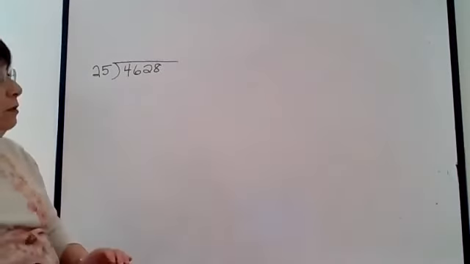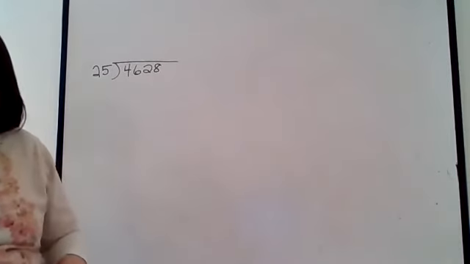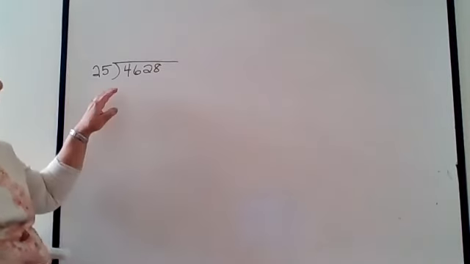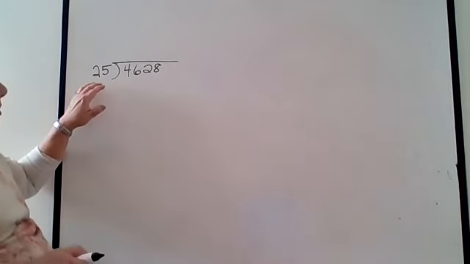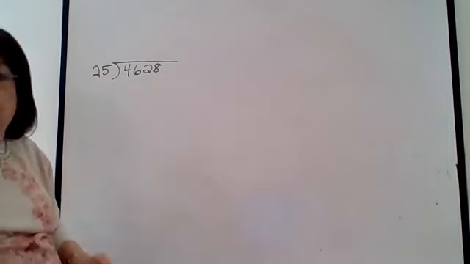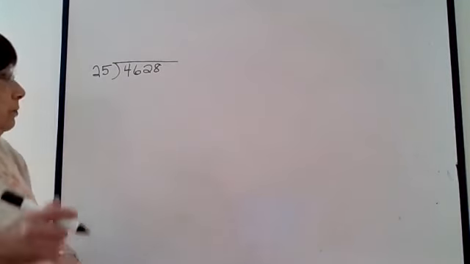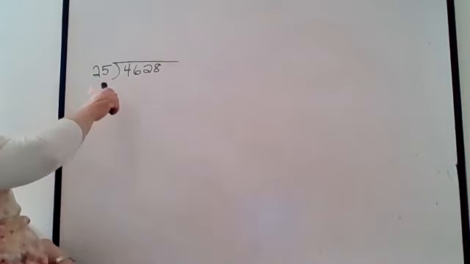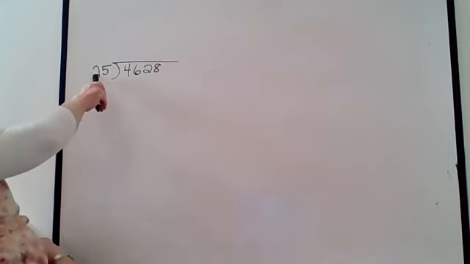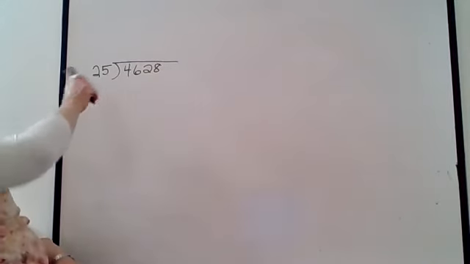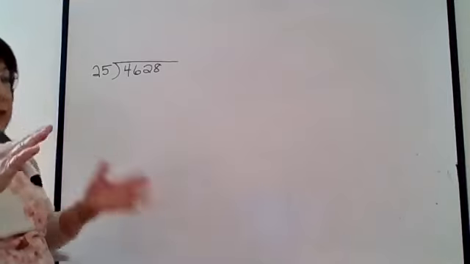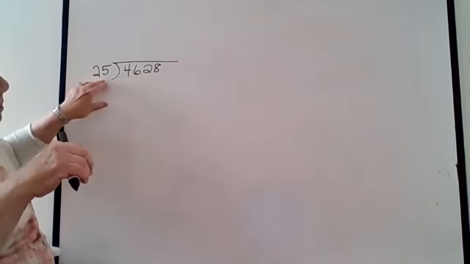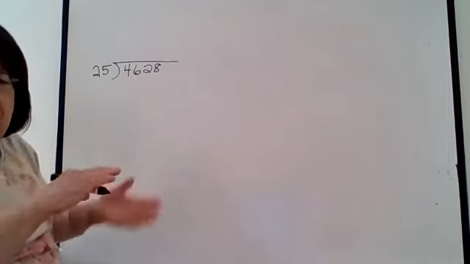Let's remind ourselves of the steps involved in doing a division like this, using all the steps of the long division. And if you recall, the first thing is if you're dividing by 25, now 25 is not so hard, but usually if it's a longer number, you sort of estimate 25 is close to 30.